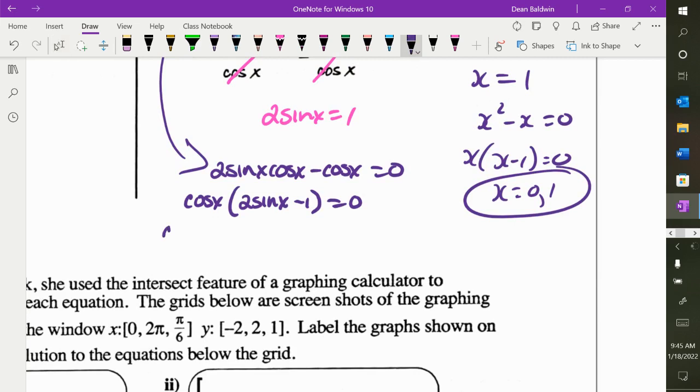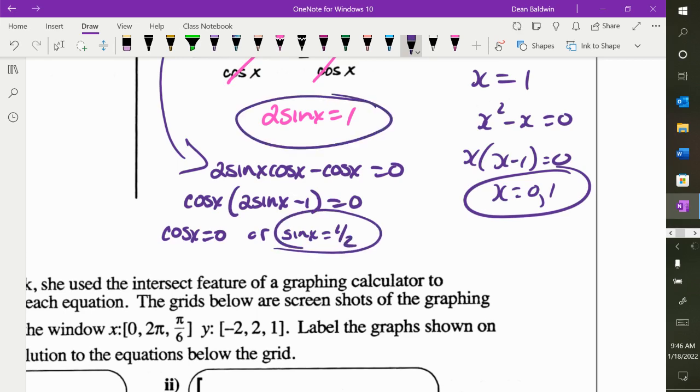Okay, so then you get cos x equals 0, or I'll just write sine x equal to a half. So this one we had before when we canceled the cosines, but this is the one that shows up. Do not divide off and make a function disappear. You will miss answers. Okay?